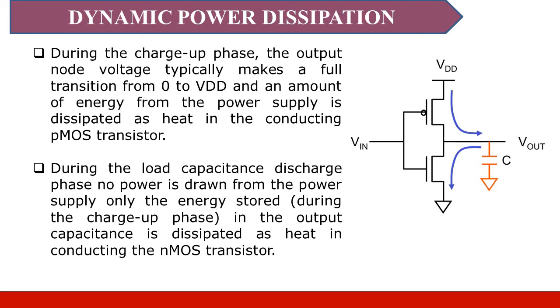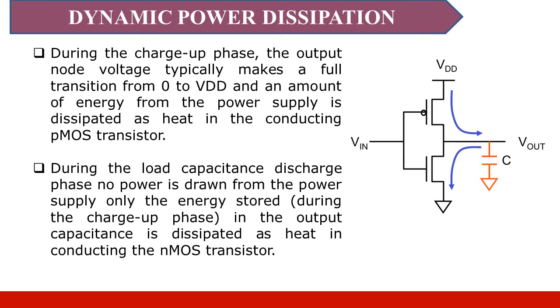Now the second case comes when I assume that Vin is 1 or high. If Vin is high, then this PMOS will be off, and the pull down network, which is an NMOS transistor, will get on. And one thing more: during the charging phase, this capacitor was charged by VDD. Now in the discharging phase, when the NMOS is conducting, the Vout terminal is connected to the ground.